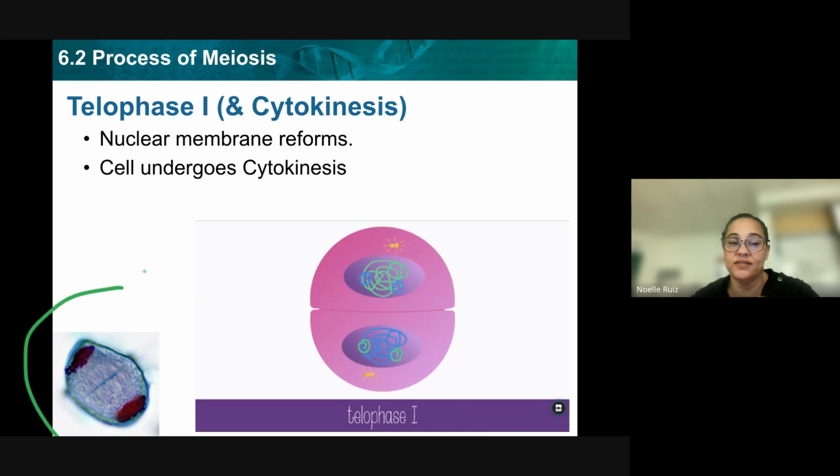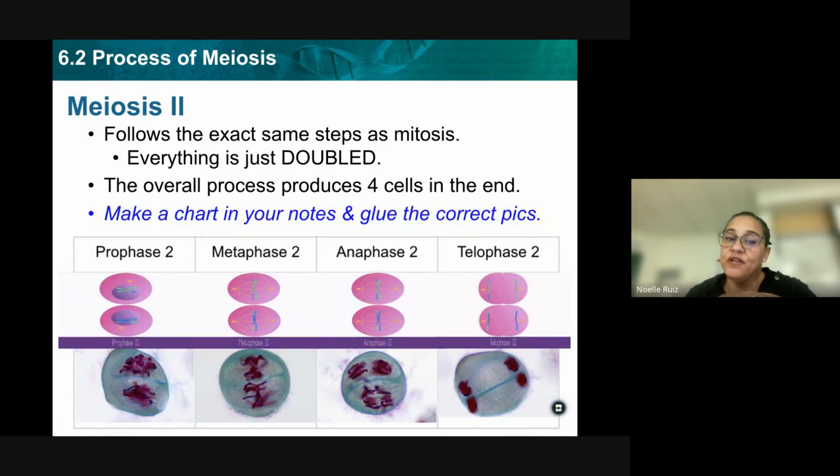And again, these are the exact pictures that you have that need to go on each slide and will be on your test and quiz. Meiosis 2 follows the exact same steps as mitosis, but everything is doubled.